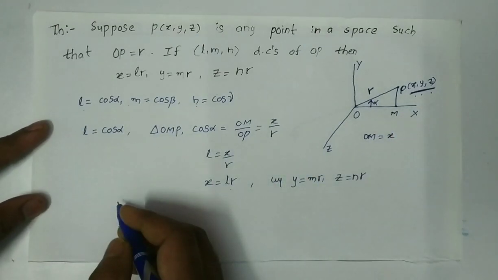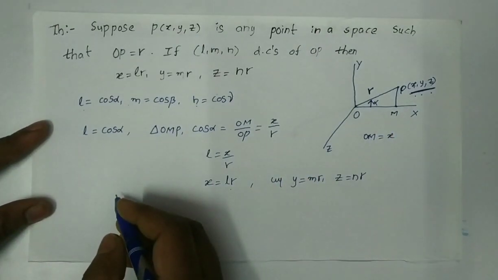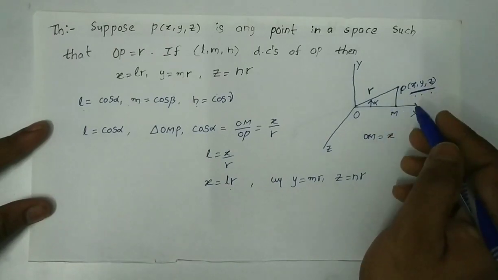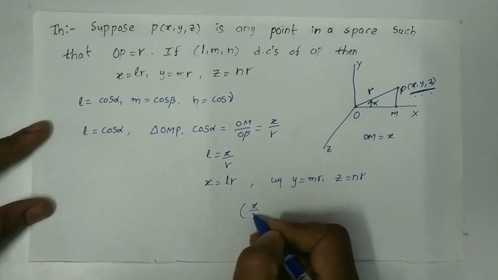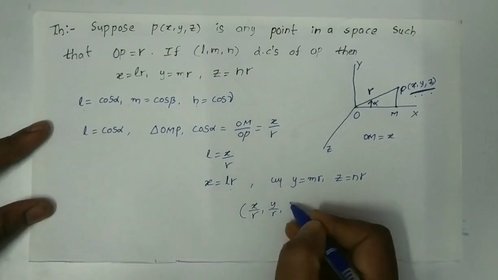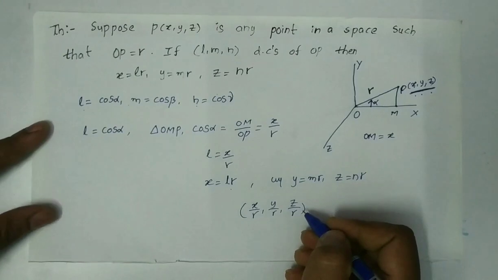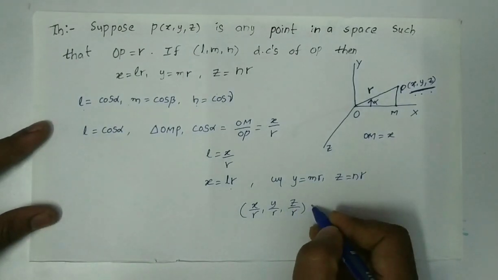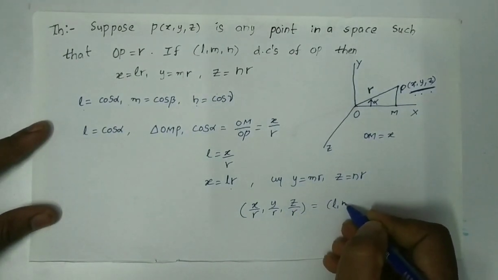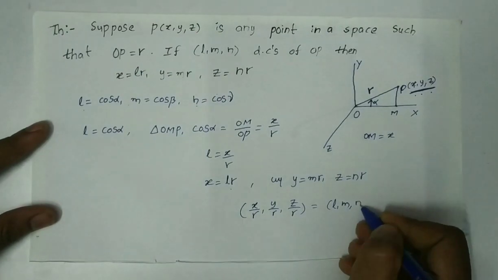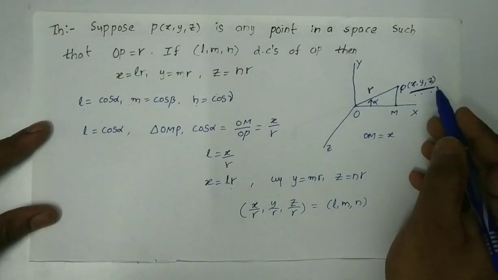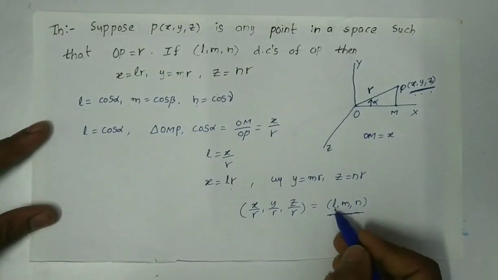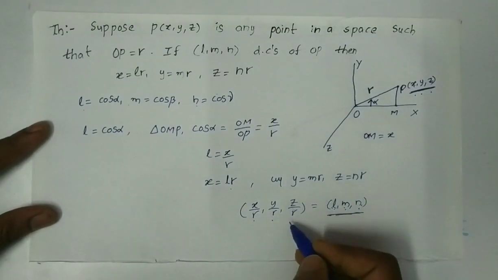Similarly, if P(x, y, z) is a point in space, then the direction cosines of OP are x by r, y by r, z by r, because x by r is nothing but l, y by r is nothing but m, z by r is nothing but n.